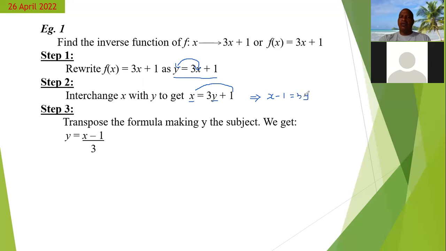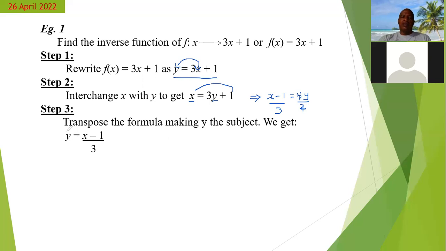And now, in order to get rid of the 3 beside the y, we divide both sides by 3. This cancels, leaving y. So we get y equals x minus 1 over 3. When we transpose, we are making y the subject.